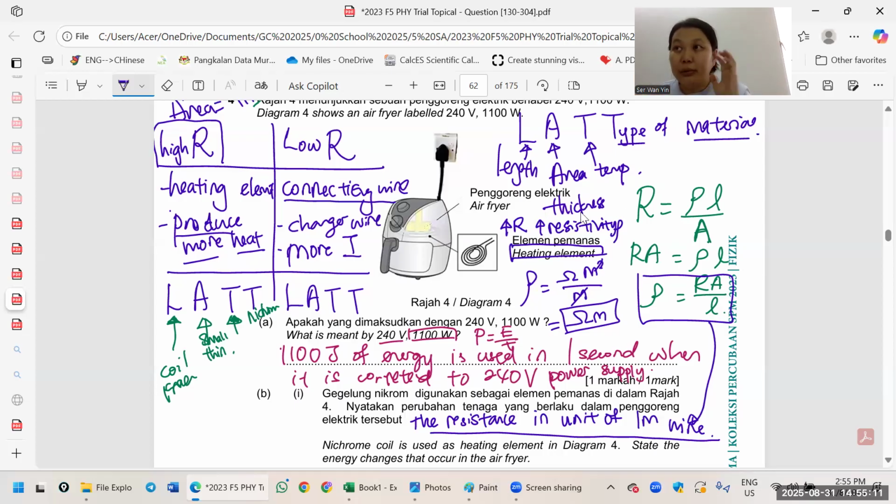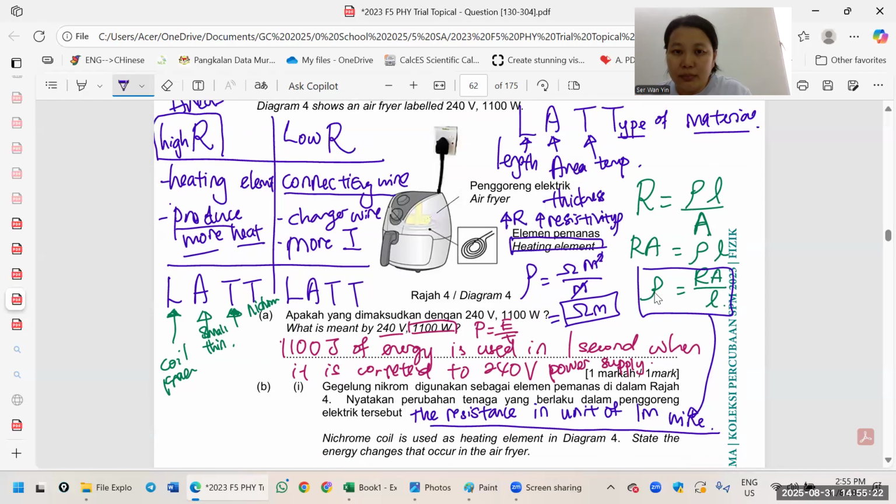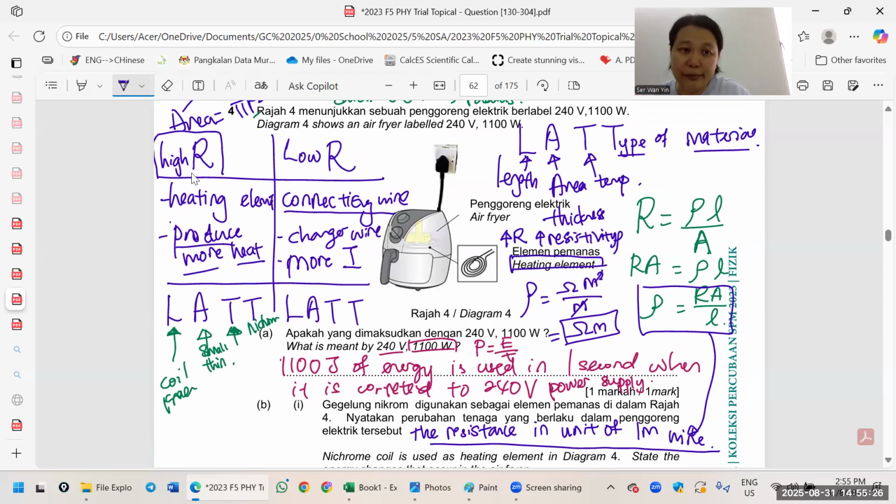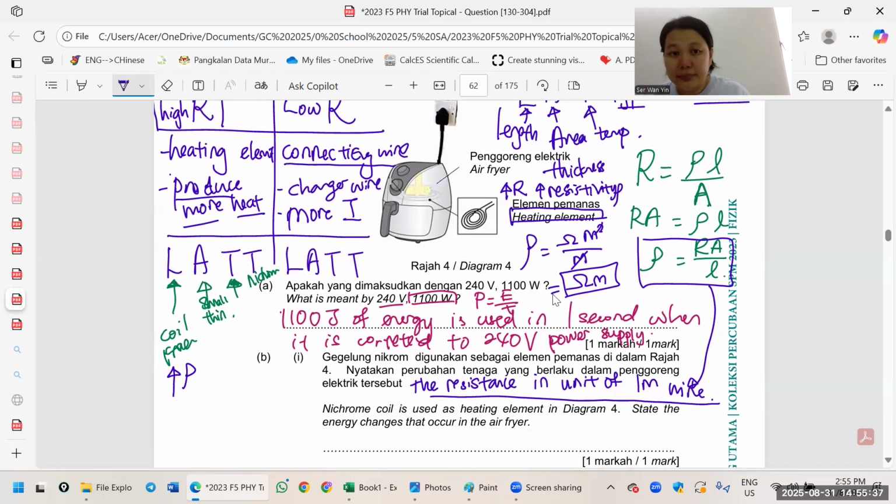Okay, if you can recall what we practiced before, I always say high resistance, high resistivity. So same thing for heating element, high resistance, high resistivity. Connecting wire always low. If they are asking the same concept, you can write the same reason.